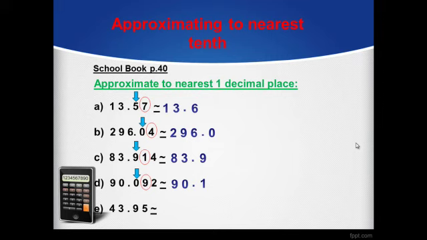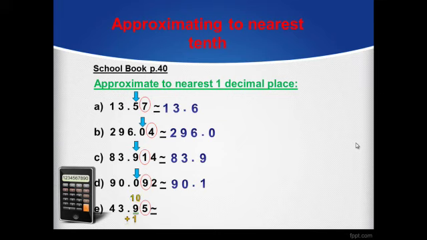Letter E, 43.95. We want to approximate it to nearest one decimal place. Our 10th digit is 9. And 100th digit has 5, which is a strong number that will give 1 to our 10th digit, and 9 will become 10.